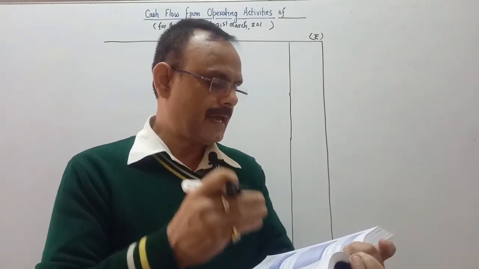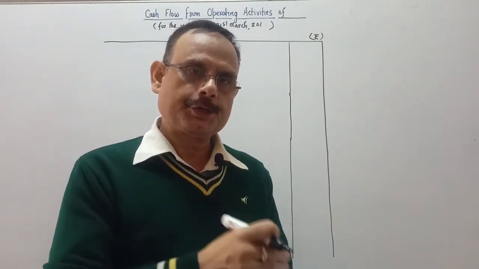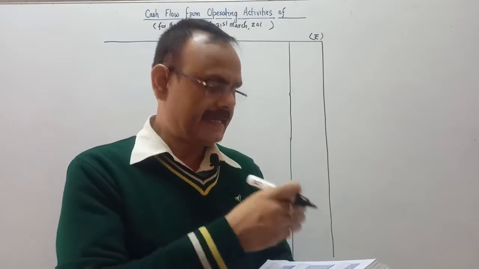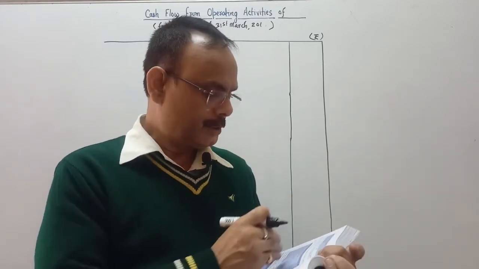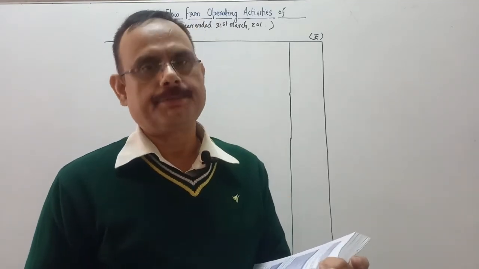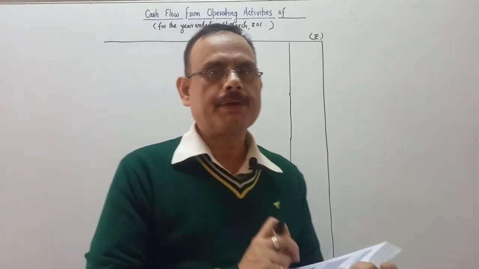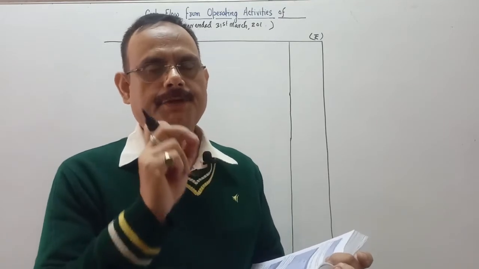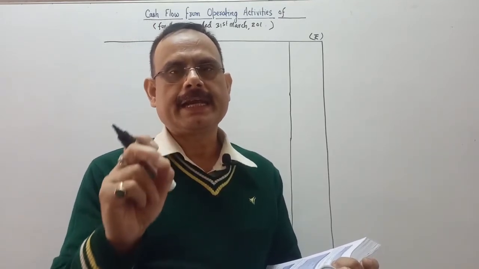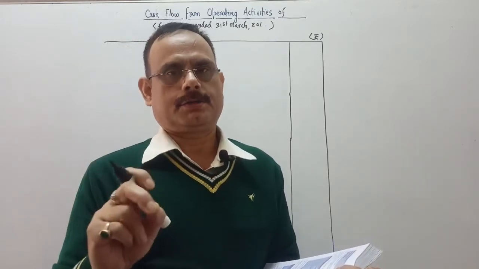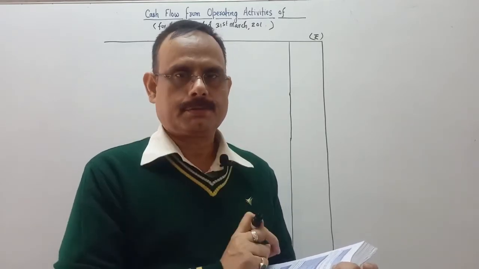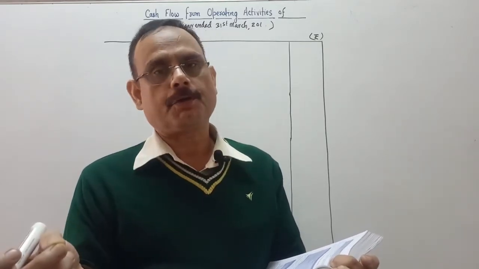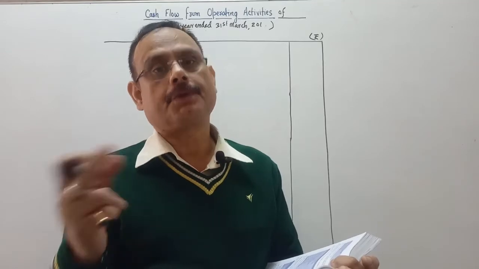Profit and loss balance of the two consecutive years is given, 2017 and 2018. In 2017, the balance is debit. Debit balance of profit and loss indicates what? It indicates loss. And credit balance of profit and loss indicates profit.